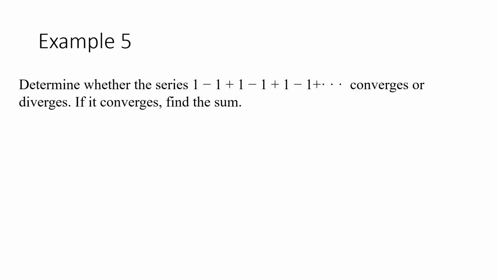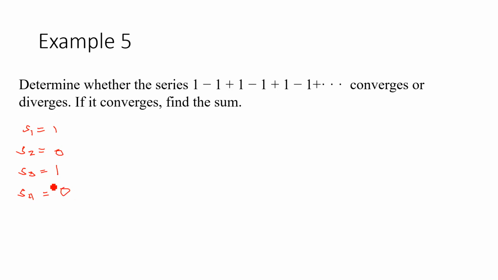So s sub 1 is equal to 1, s sub 2, the sum of the two terms, is 0, the sum of the three terms is equal to 1, the sum of four terms is equal to 0, and so on.